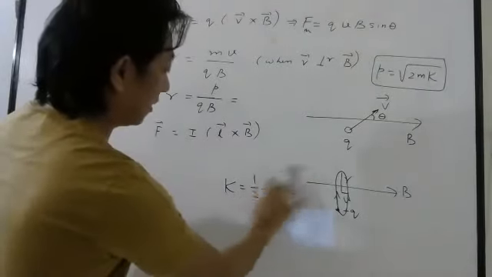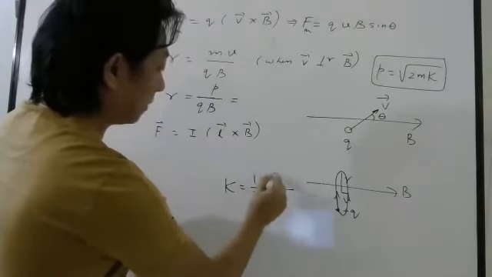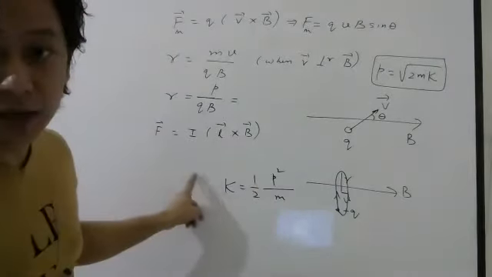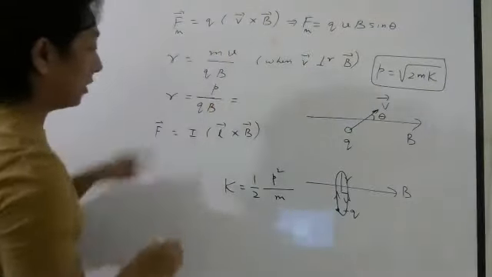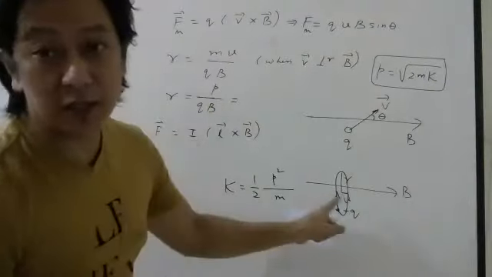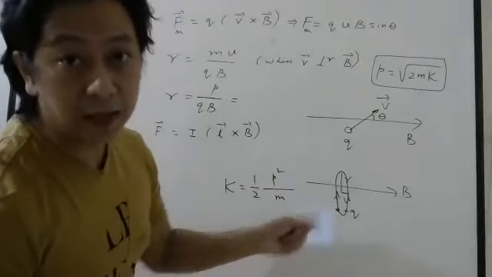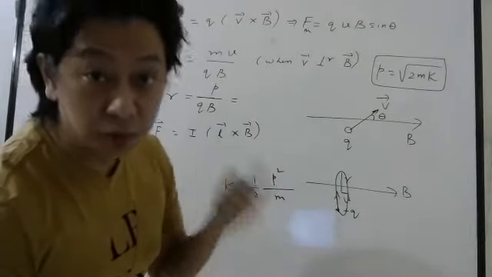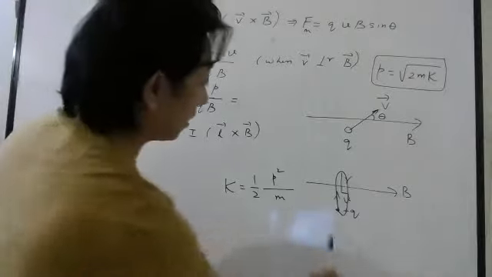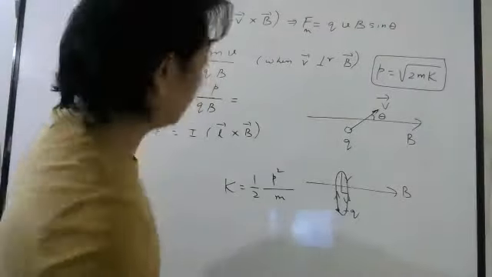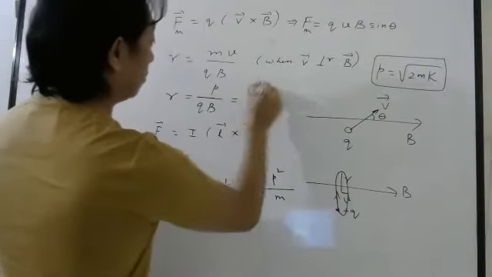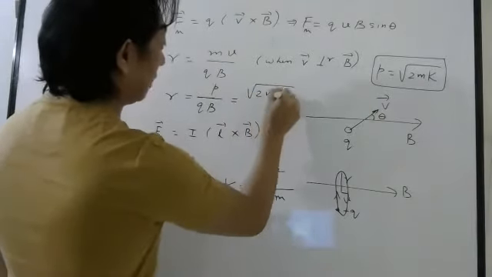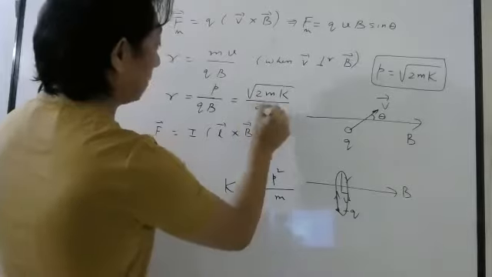So if you cross multiply and take the square root, you will get this. So in terms of kinetic energy, also you can write the radius of the path in which the charged particle will move, provided it comes perpendicular to magnetic field. So in terms of kinetic energy, how it will look? Root of 2m kinetic energy divided by qB.